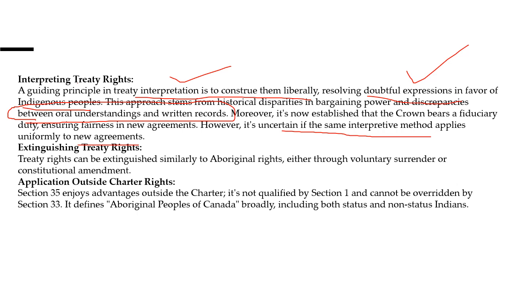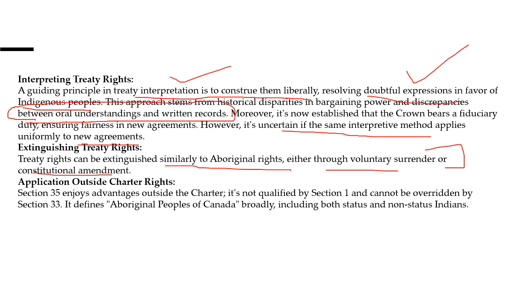We are not sure who held the bargaining power, who was the superior authoritative power. That is why we always favor indigenous people whenever there is some doubtful expression related to old treaty rights. Then treaty rights can be extinguished exactly like Aboriginal rights, through voluntary surrender and constitutional amendment. So exactly two methods: surrender and amendment.